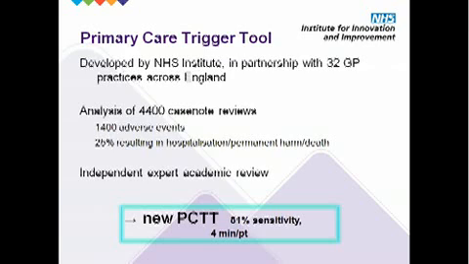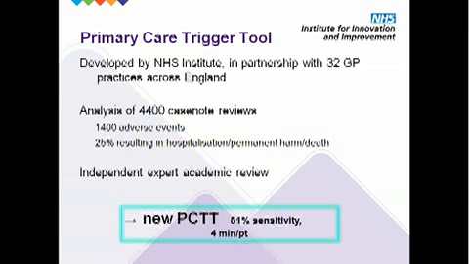We've had an independent expert academic review of the results from this, which has helped us to refine the trigger tool and to leave only those triggers which are highly specific for harm, because obviously the benefit of the two-stage trigger tool methodology is greatest when you've got triggers that have the greatest likelihood of detecting adverse events.